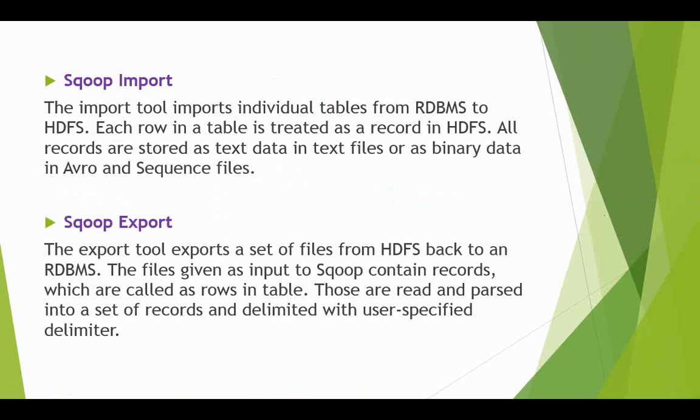Each row in the table is treated as a record in HDFS. If we have a table having 10 rows, then each and every row will be treated as a record in HDFS. That is the same concept, so there is nothing to worry about.